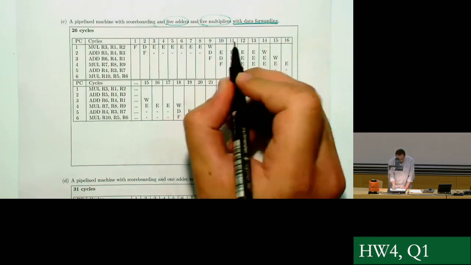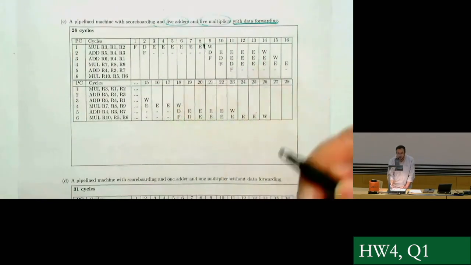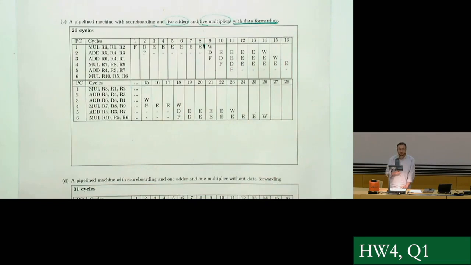So the result of the first instruction is ready here at the end of 8th cycle, right? And then we don't have to wait for it to be written into the register file, and then read it from there, right? So in this case, we have data forwarding.